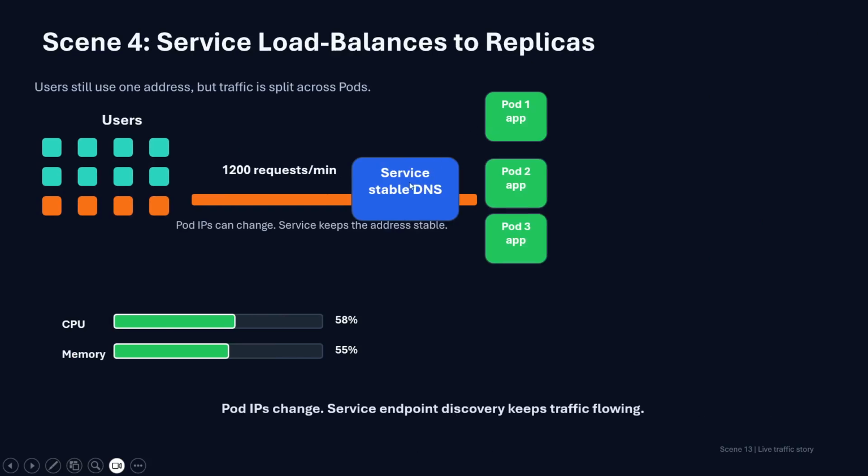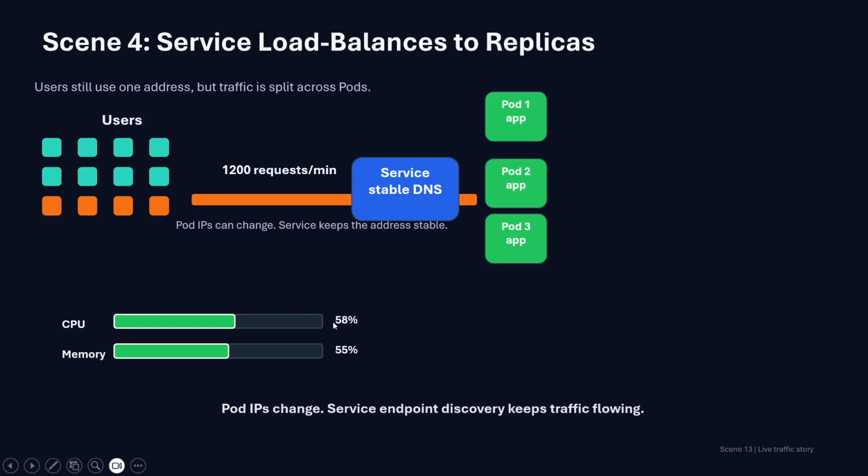Now my service will distribute the traffic to multiple pods. Even if I am sending 1200 requests, these 1200 requests will be shared across pod 1, pod 2 or pod 3. And you can say this Kubernetes service acts as a load balancer.